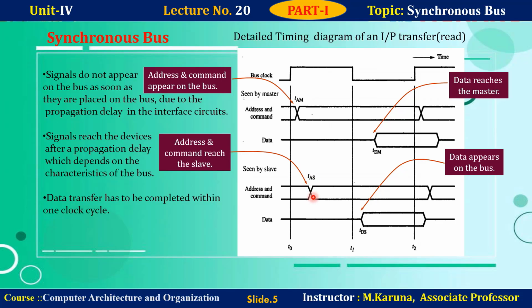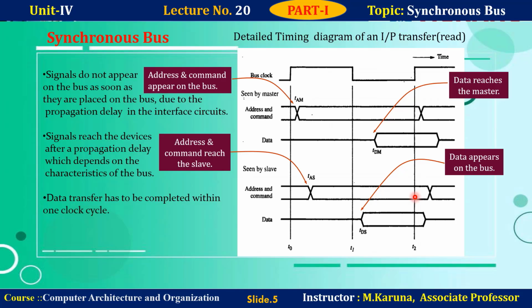Because of the decoding process, data signals appear at TDS instead of T1. They travel toward the master and arrive at TDM. At T2, the master loads the data into its input buffer.